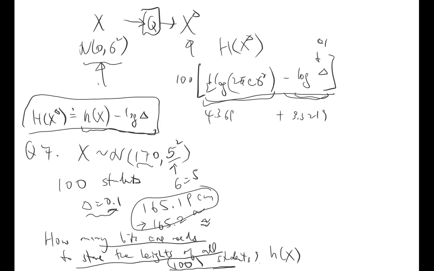So if I have 100 of them, I add together, it's about 700, like 760, 770 bits needed to store all this information. Okay, this is all I wanted to talk about for differential entropy.